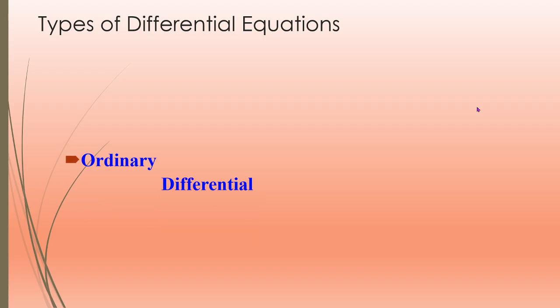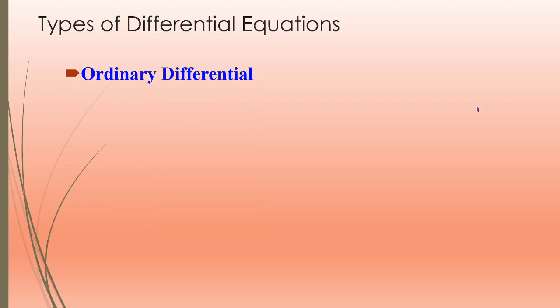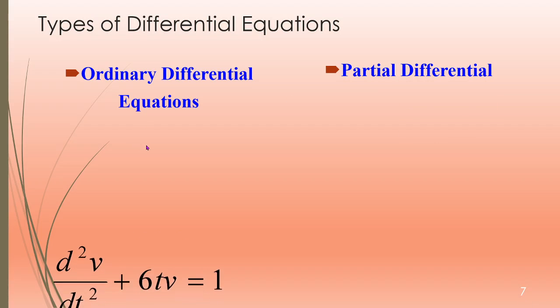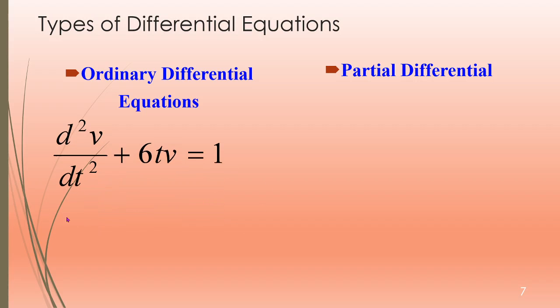Based on the type of derivative involved, differential equations are categorized into two types: ordinary differential equations and partial differential equations. Ordinary differential equations contain ordinary derivatives. Here is an example which contains an ordinary derivative.